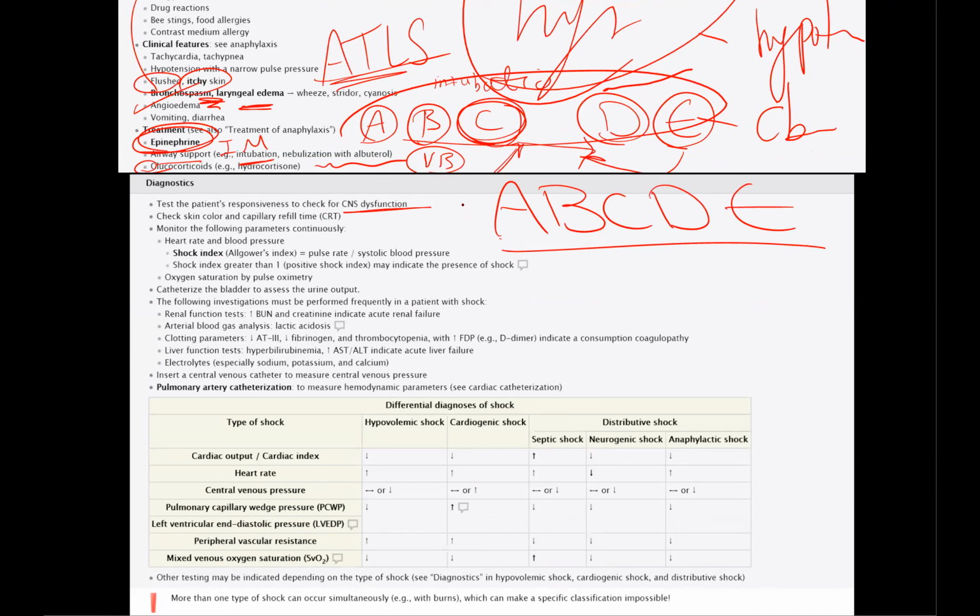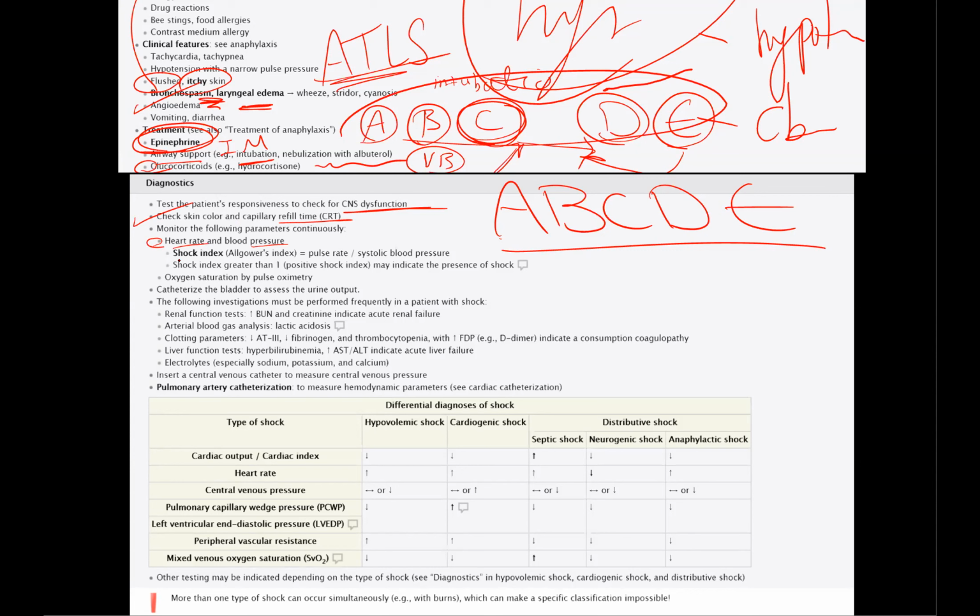Take a baseline GCS, the Glasgow Coma Scale scoring. Then check skin color, temperature, and capillary filling. Monitor heart rate, blood pressure, and circulation.